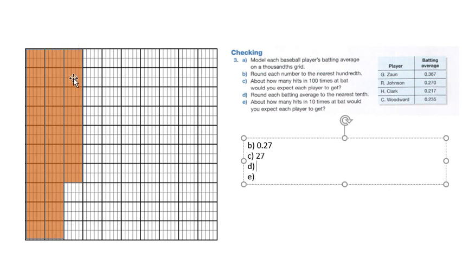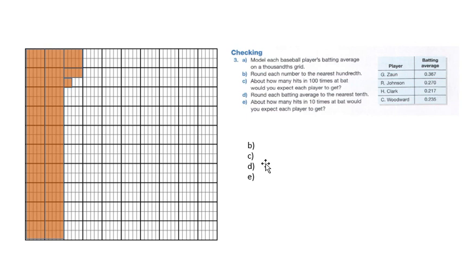So these 7 red pieces would be closer to having the whole column filled in than having just 2 columns filled in. So D would be 0.3. And if we were looking at how many hits in 10 at-bats, we'd probably predict 3.